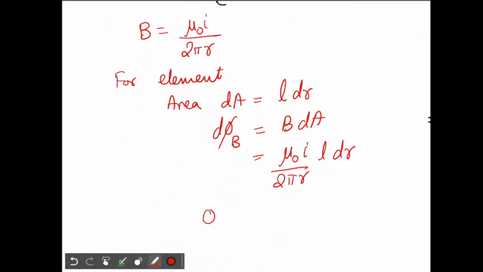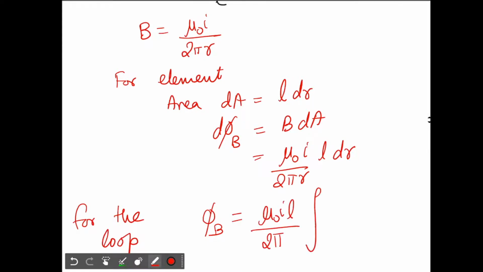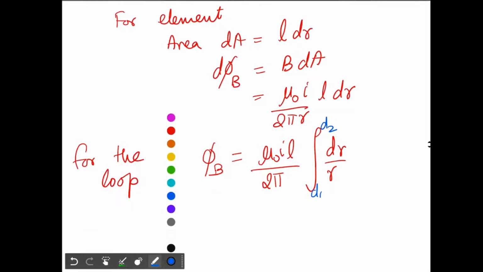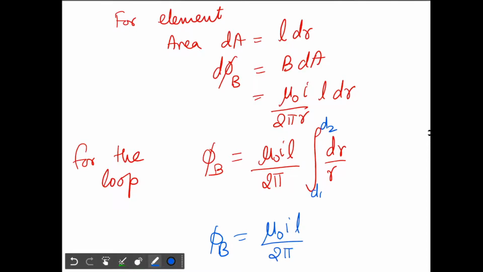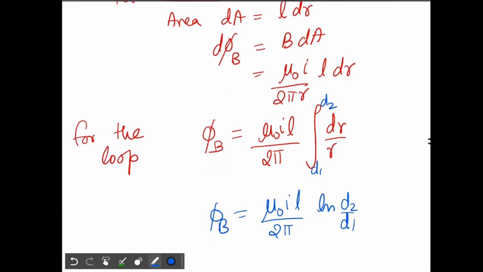So the total flux through the loop is mu naught I L by 2 pi times the integral of dr by r from d1 to d2. When you solve this, the magnetic flux comes out to be mu naught I L by 2 pi times the natural logarithm of d2 by d1. This is the total flux.